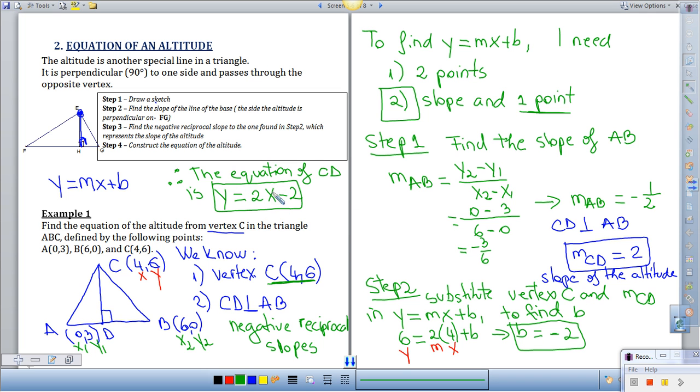Now, please take a look at that second example that we have in your worksheet, and hopefully with the steps that are in front of you, you'll be able to replicate them and find the altitude requested of you in that example.